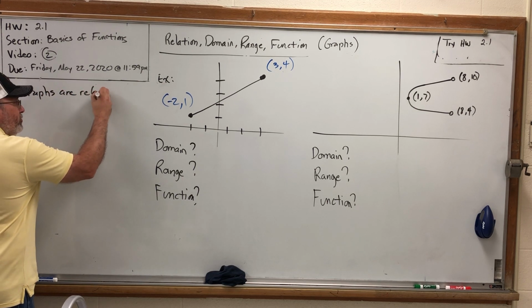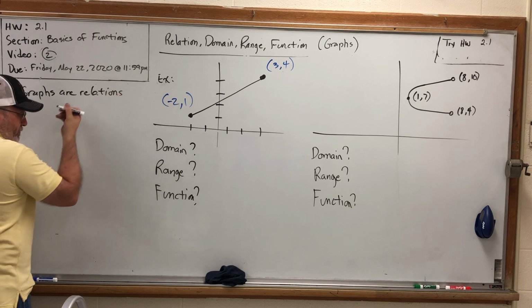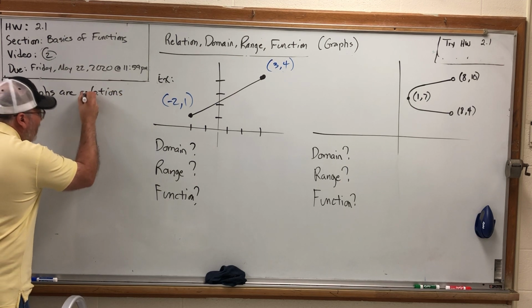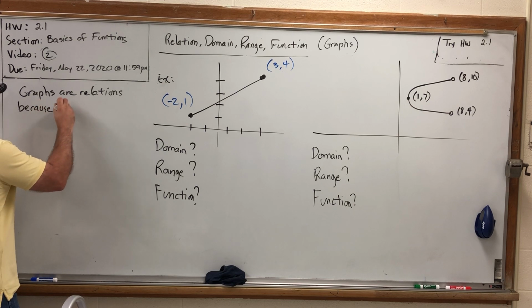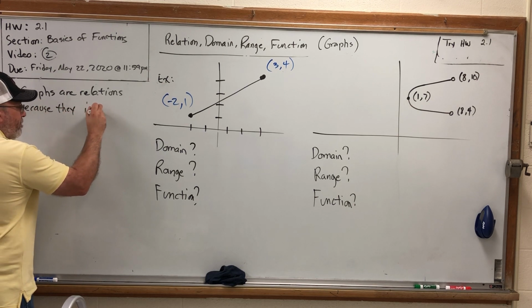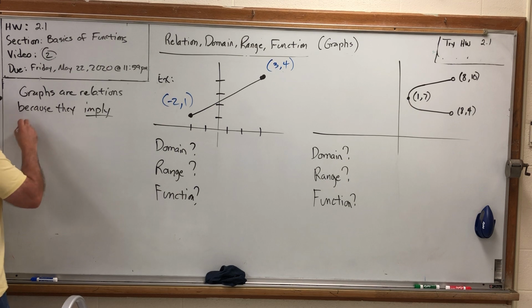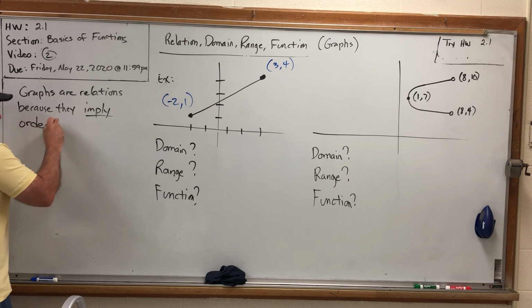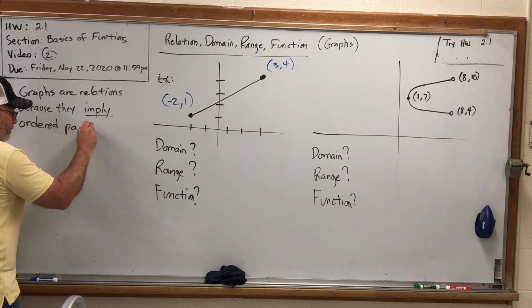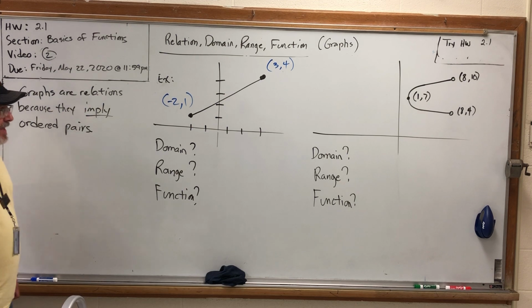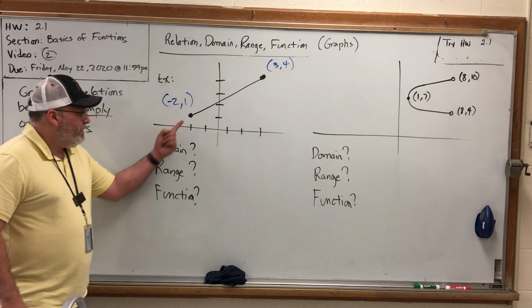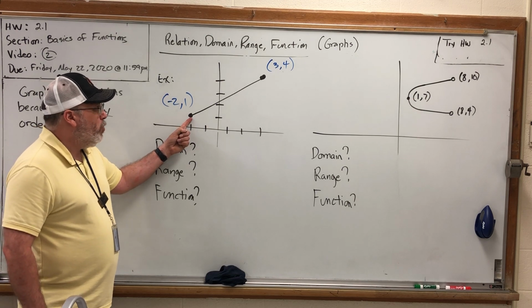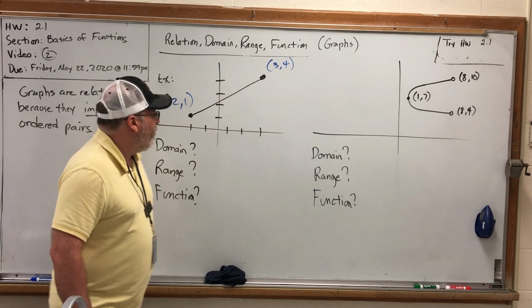Graphs are relations because they imply ordered pairs, meaning that every point on the graph has an ordered pair associated with it. For example, this point is -2, 1. This point is 3, 4.